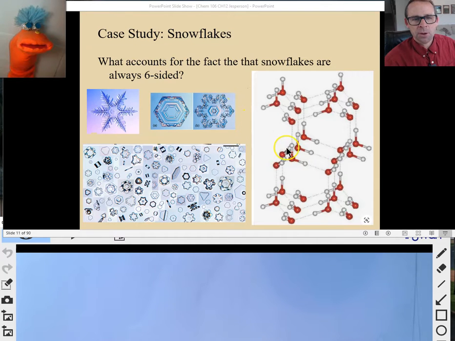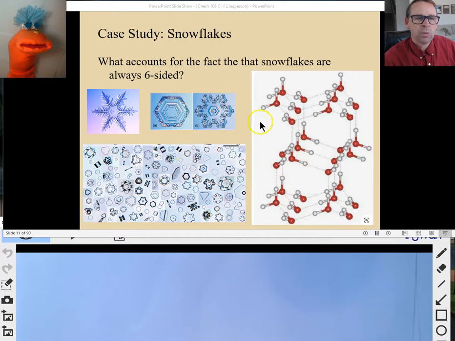Now, notice here are water molecules interacting with neighboring water molecules. All right, so the positively charged hydrogen here interacts with the negatively charged oxygen of a neighboring molecule, that oxygen with another neighboring positively charged hydrogen, and so forth. And because of this interaction, because of the shape of the water molecule itself, it results in a hexagonal structure.